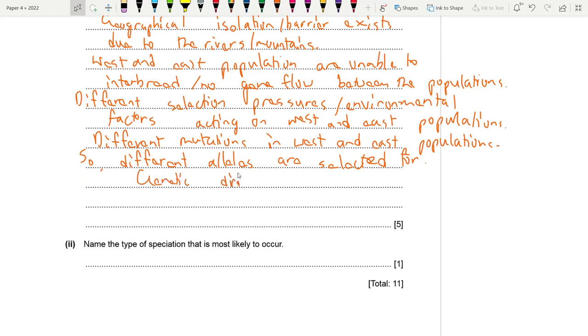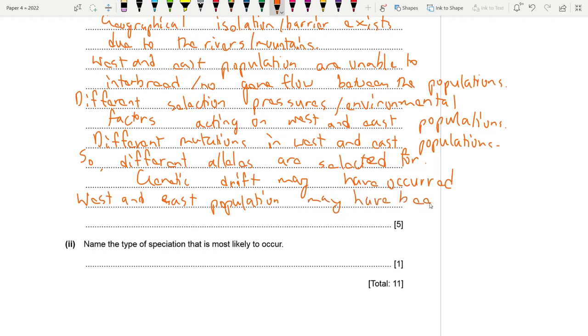Genetic drift may have occurred. What else? They may have been separated for a long period of time, right? West and east population may have been separated for a long period of time.